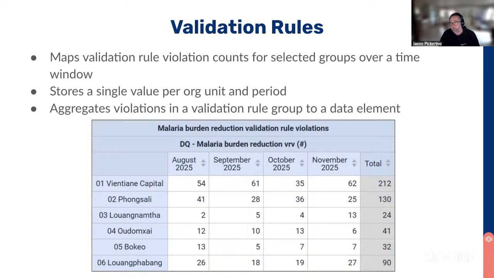So that's how we get it back from the validation rule API. It gives us the validation rule violation for the location where the data was entered. And that's exactly also how we store it. So that allows us to basically have the data disaggregated both in terms of time as well as in terms of geography.